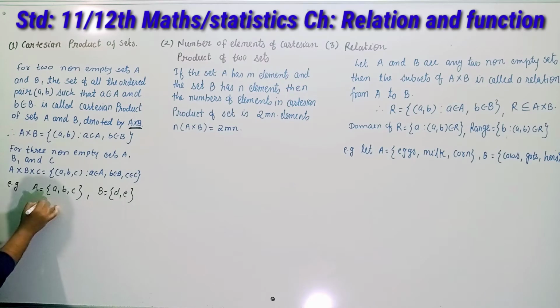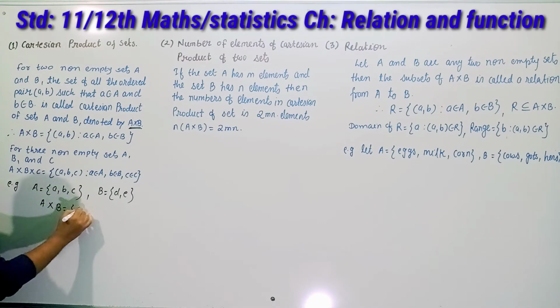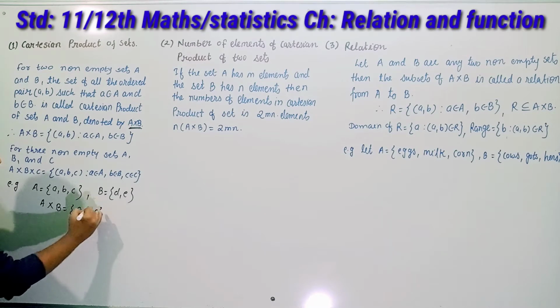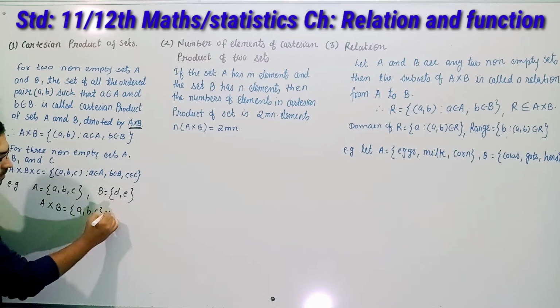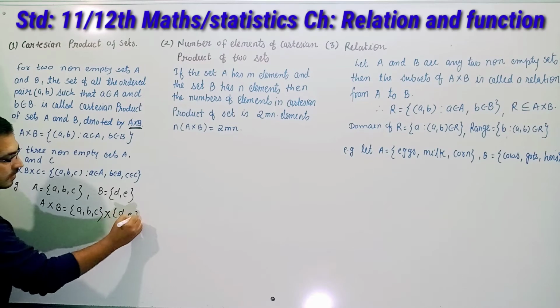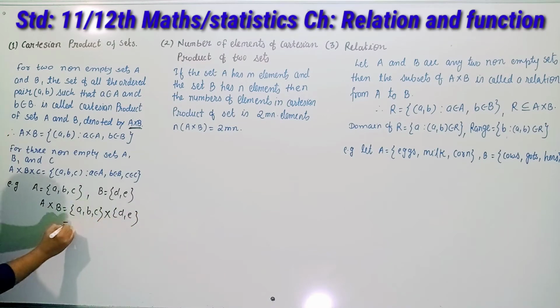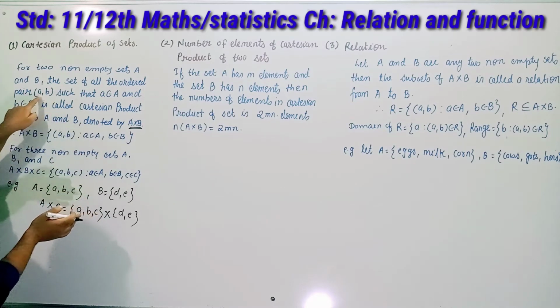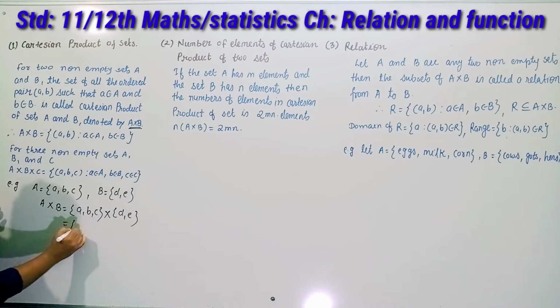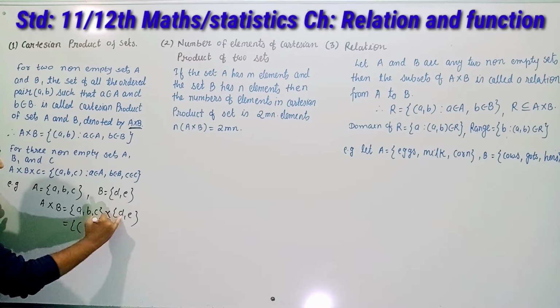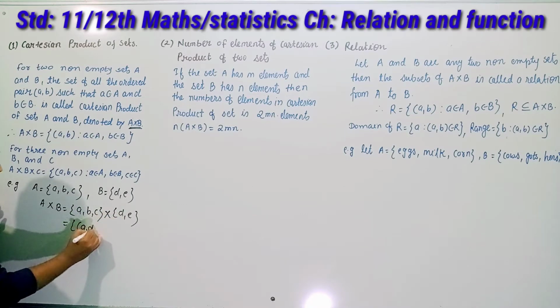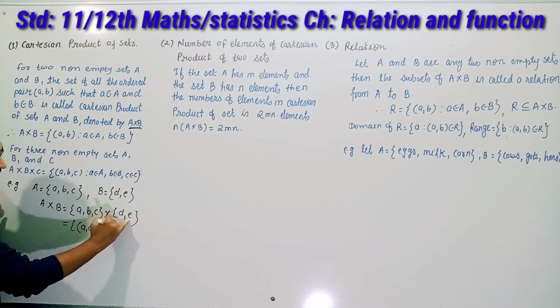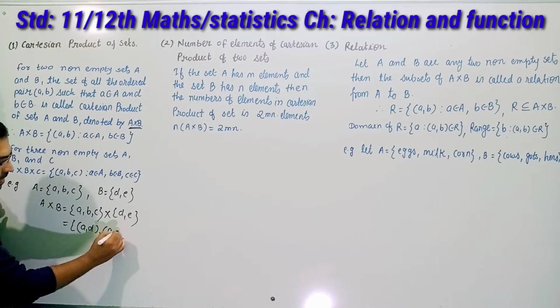Okay students, let us see the Cartesian product A cross B. The elements of set A are A, B, C, and the elements of set B are D, E. We want to find the Cartesian product, and it is to be written as ordered pairs. A is paired with D, the ordered pair is (A, D). A with E, the ordered pair is (A, E).